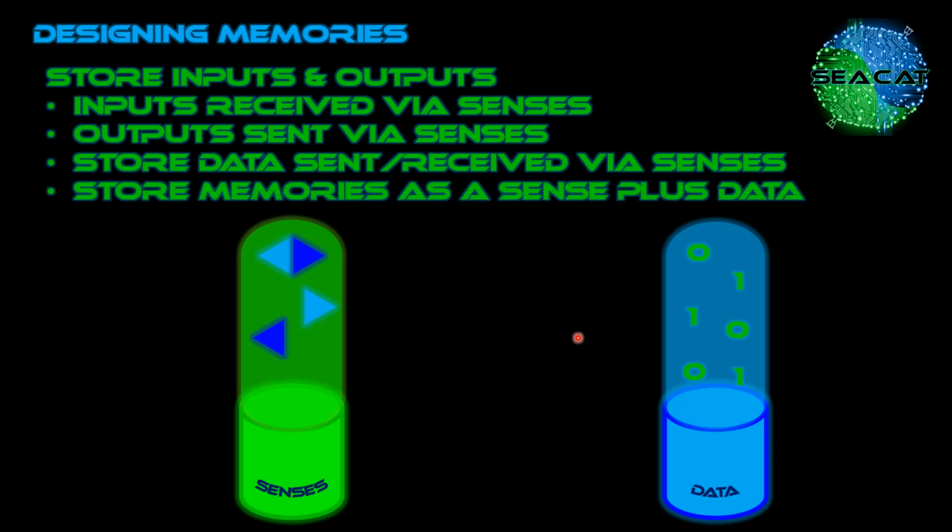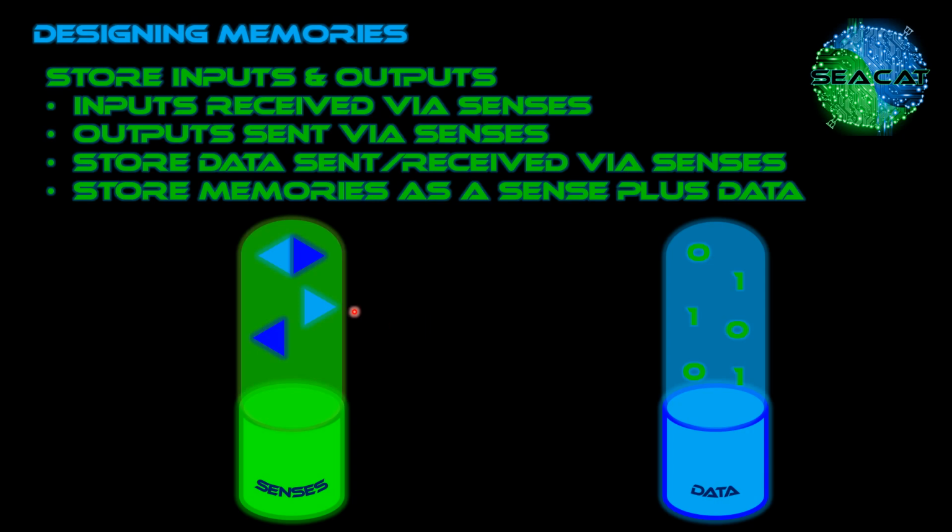And then a memory is a sense plus the data that was received on that sense. So if I go back to my example from last episode, which is a switch, then an example would be an input, which would be, let's say, the light switch, right?